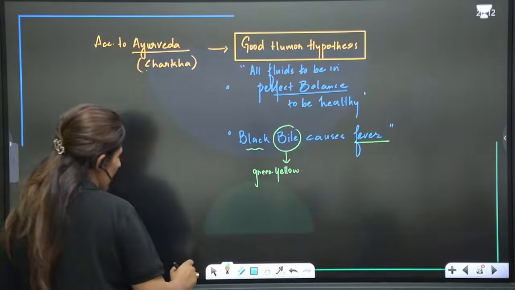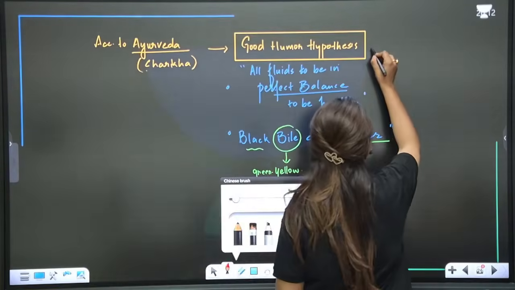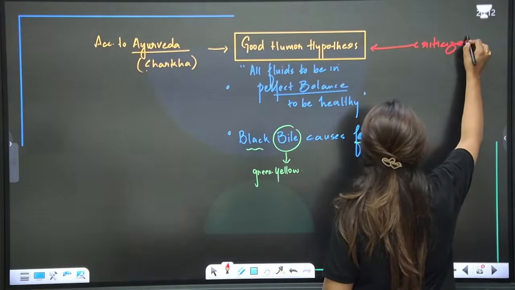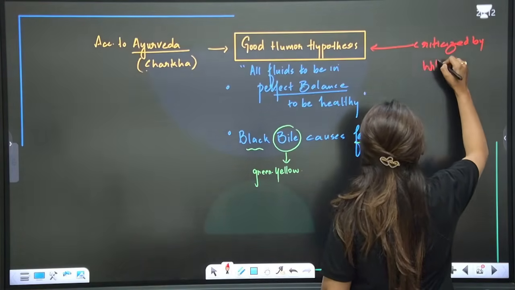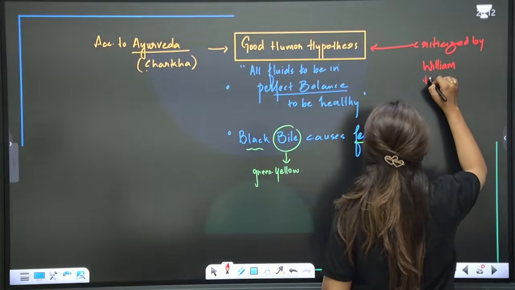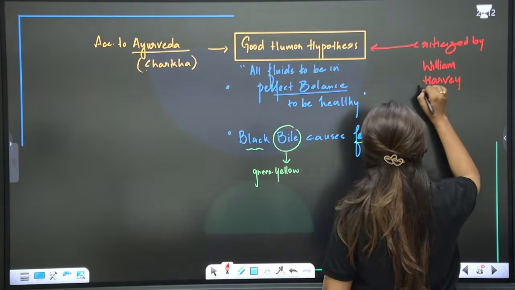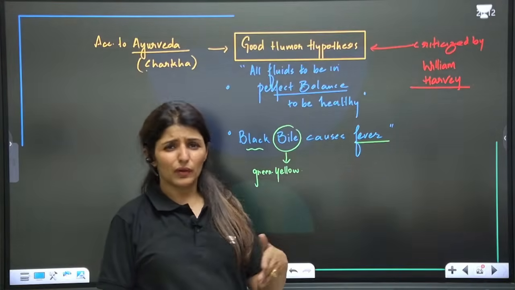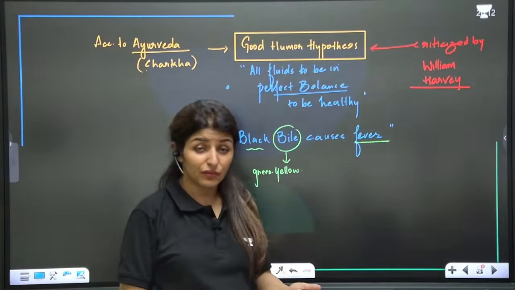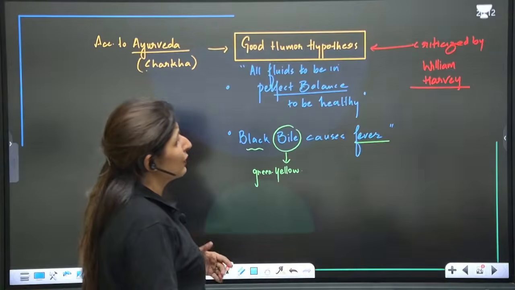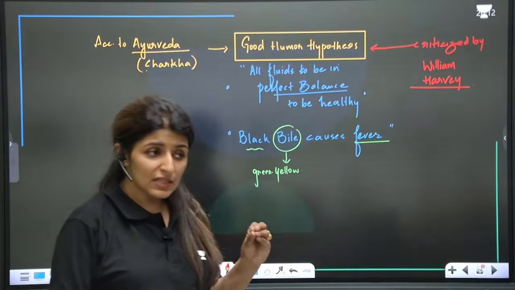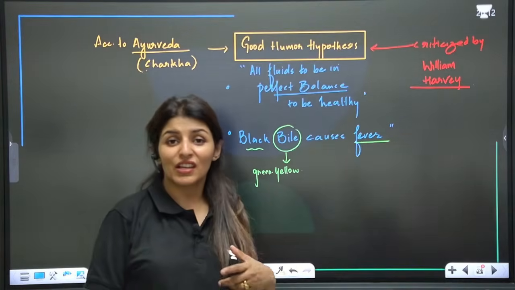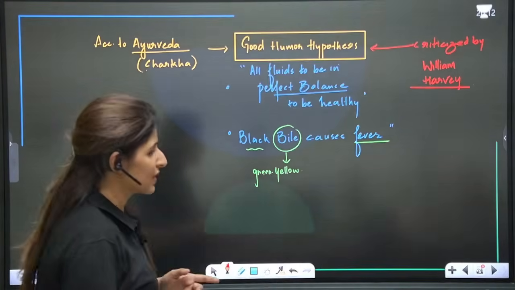But this good humor hypothesis was criticized by William Harvey. William Harvey is also known as the father of circulation. So William Harvey criticized it, and gradually there was a lot of evolution in the understanding of diseases, and we understood that diseases have an agent known as a pathogen. So there is an agent which is responsible. Is it clear?